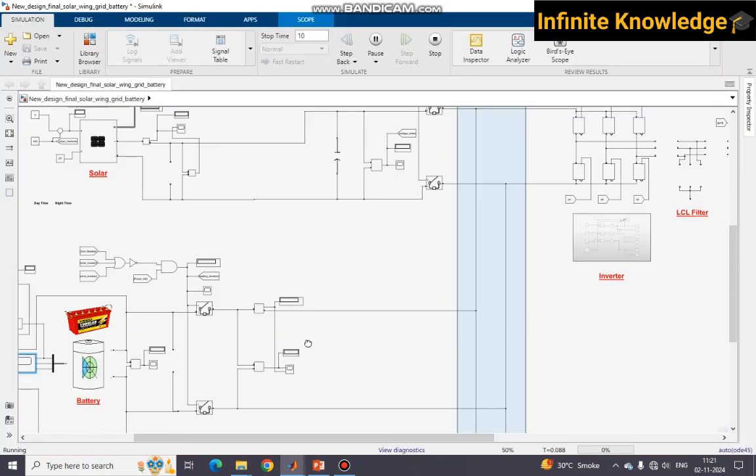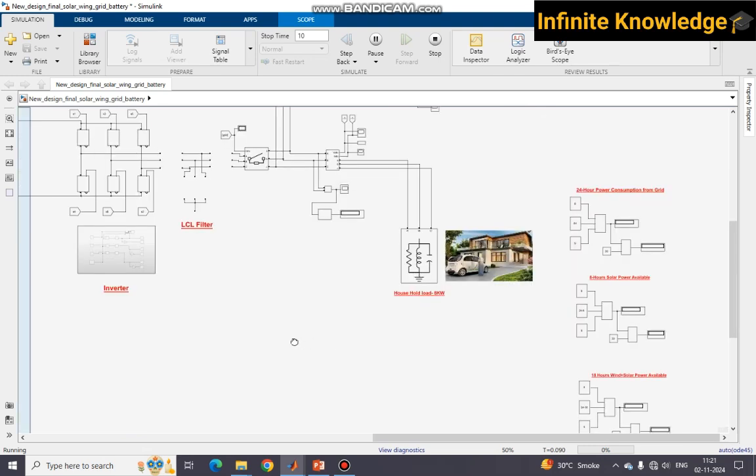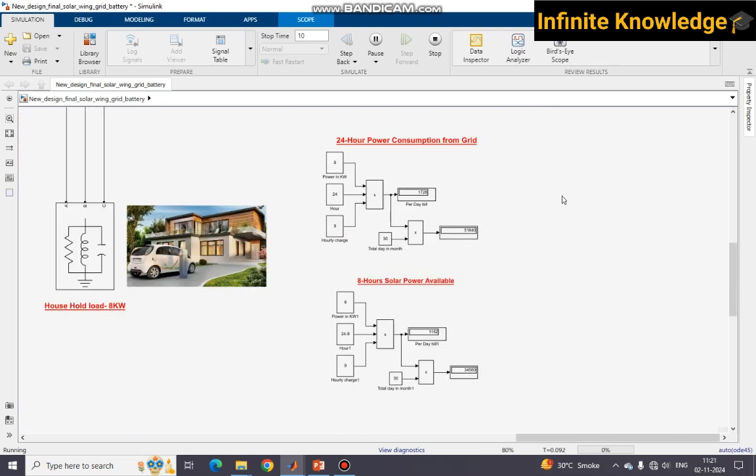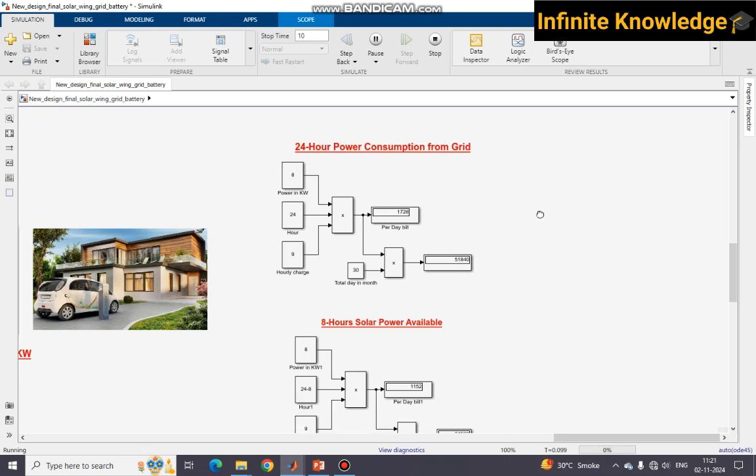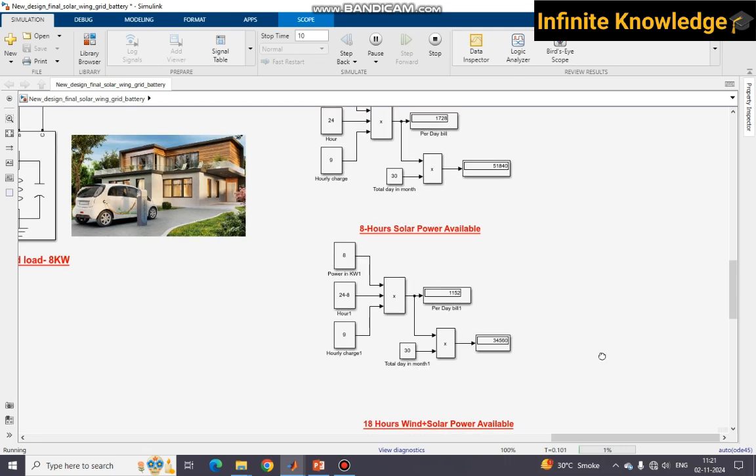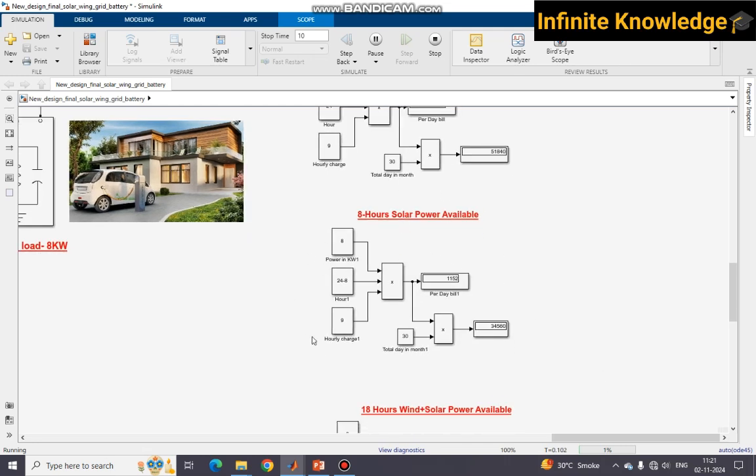But right now we are again back to our consumption detail. If for 24 hours you are taking power from the grid for your 8 kilowatt household load, you have to pay 51,840 rupees after 1 month. But if you consider 8 hours of solar power, so in 24 hours for 8 hours you are continuously getting solar power, then your power consumption will be 24 minus 8.